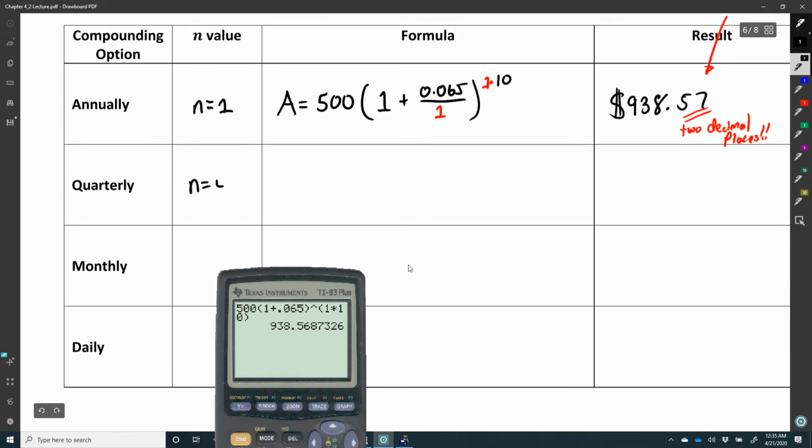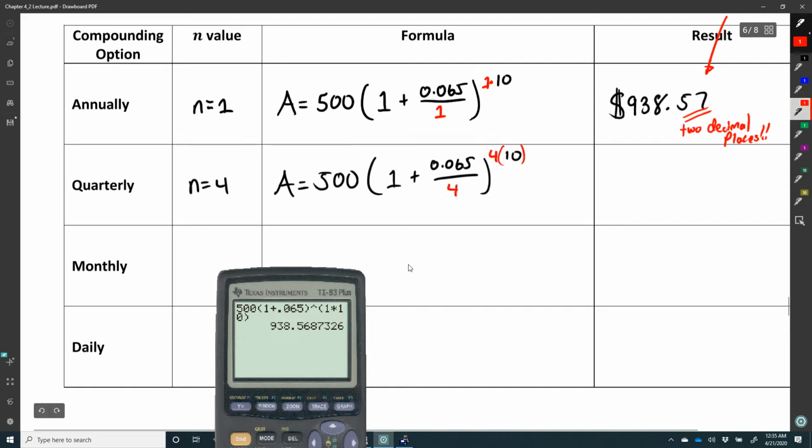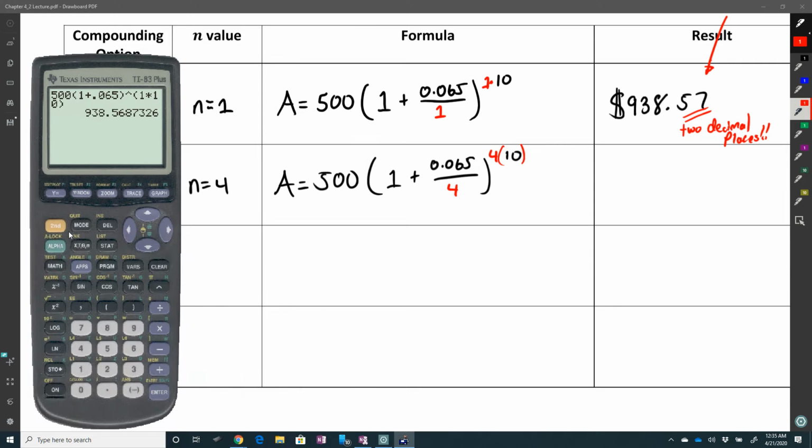Now here, n is equal to 4. So I have 500, 1 plus 0.065, and I'm changing this to a 4. So I go ahead and I can recall the last thing I typed in by pressing second enter. I'll just type it in again. 500 parentheses 1 plus 0.065 divided by 4, raised to the parentheses 4 times 10.